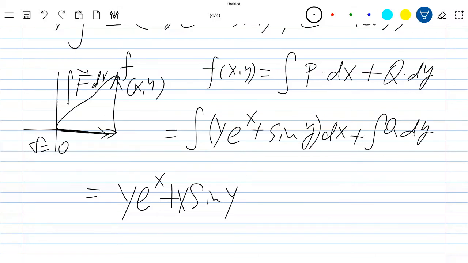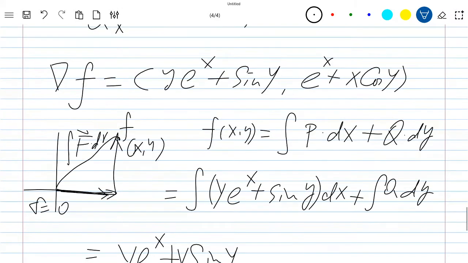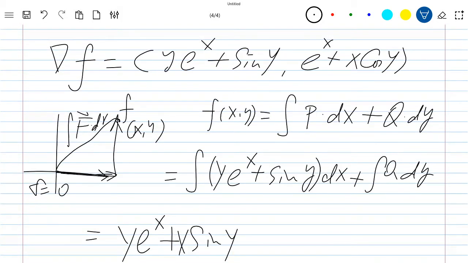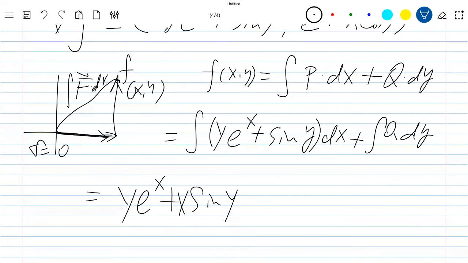This time x is a constant and y is changing. So you have to plug in the values here: from (0, 0) to (x, 0). Right, then you integrate the other one.